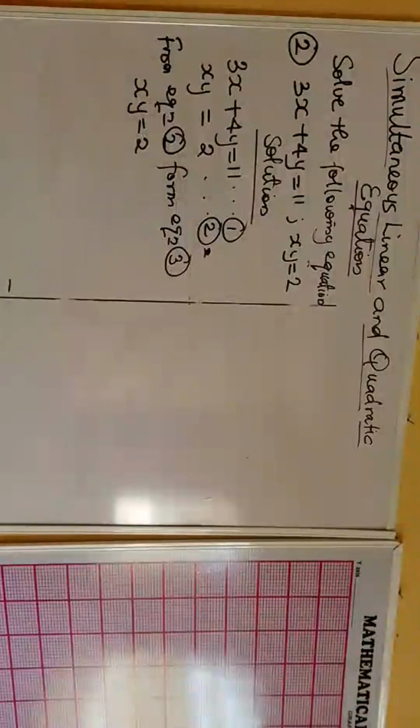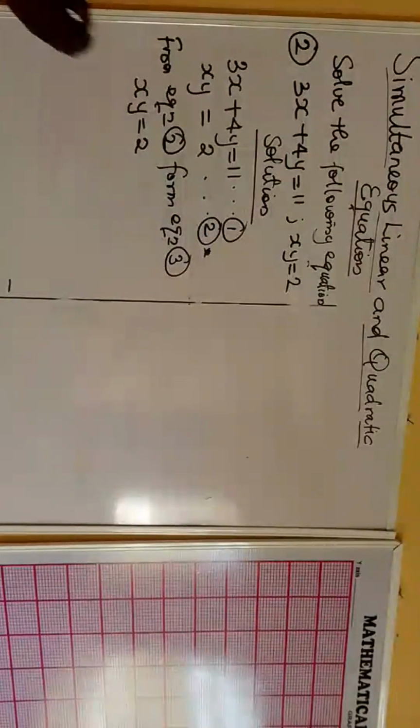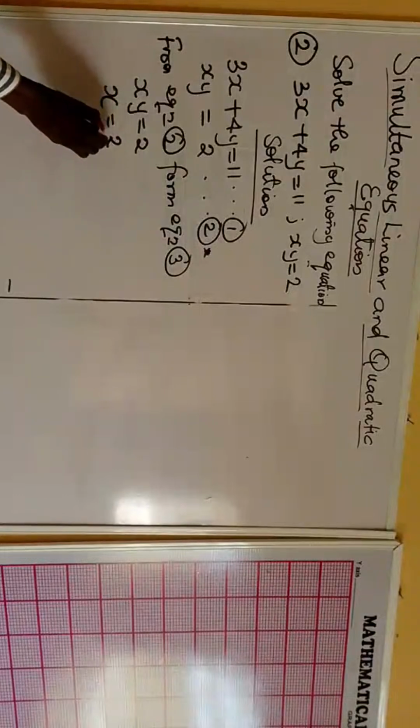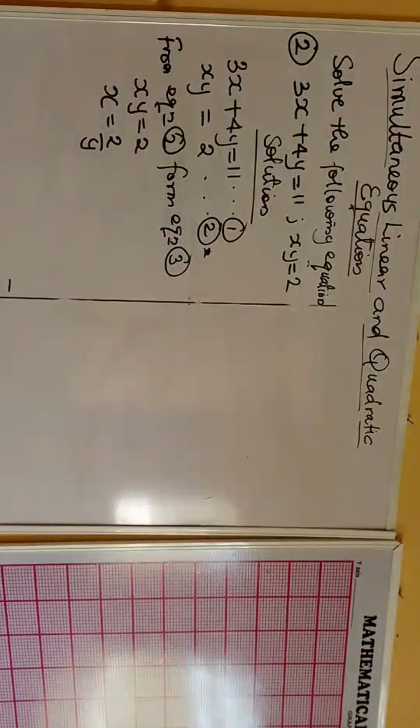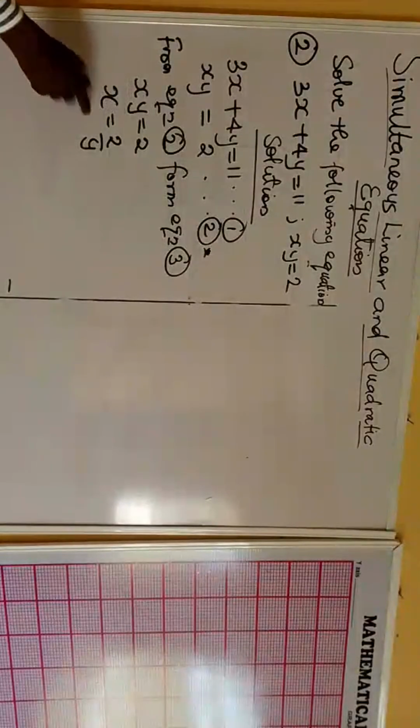So you can either make x the subject of the formula or you make y the subject of the formula. I want to make x the subject of the formula, which simply means x is equal to 2 over y. What did I do there? I divide both sides by the coefficient of y to make x stay on its own.